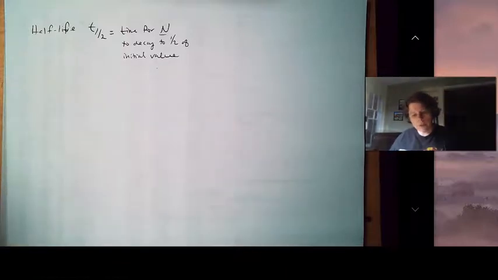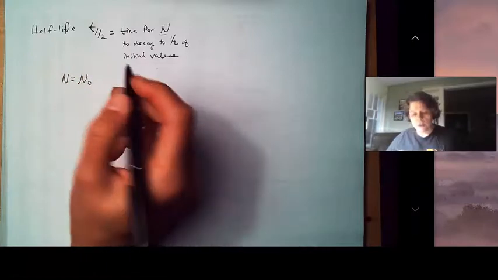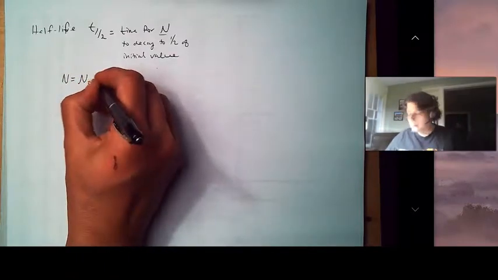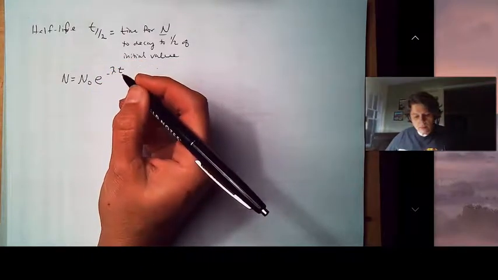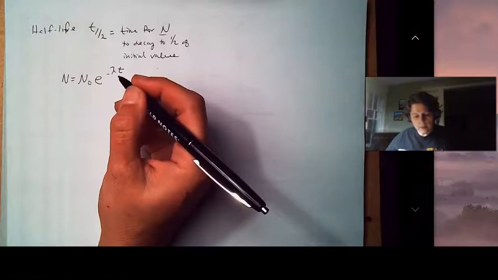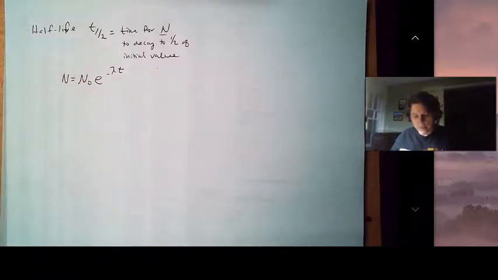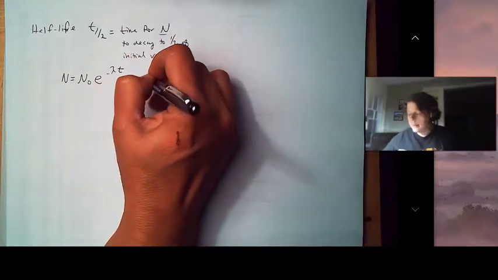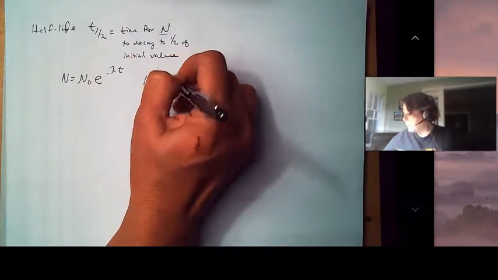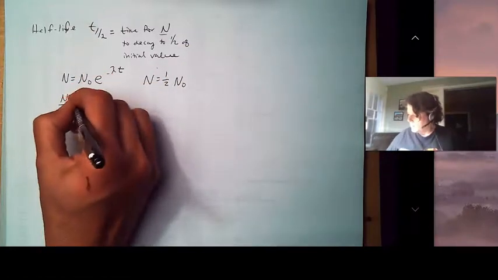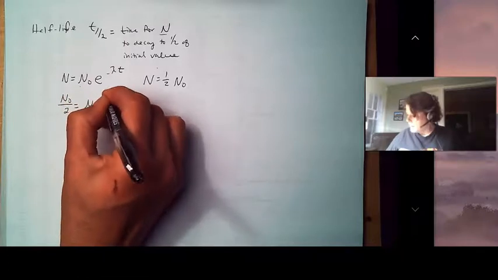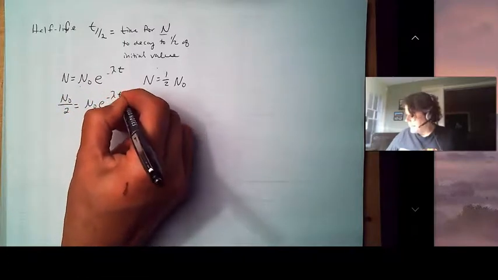So for the equations for stuff like this, to put into the advection dispersion equation, we can look at N equals N naught, our original starting concentration, times e to the negative lambda t. This is the equation for half-life. So if we assume that N equals 1/2 N naught, and then we substitute that into this equation, we get N naught over 2 equals N naught e to the negative lambda t 1/2.